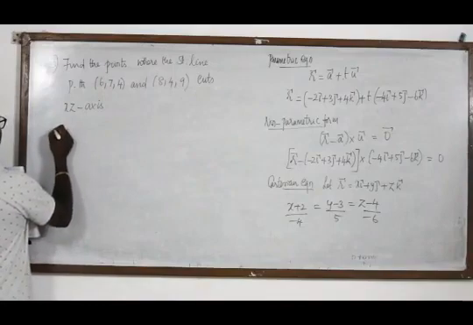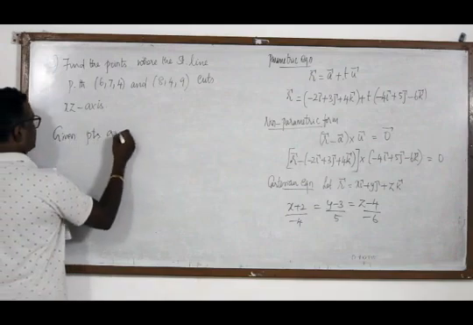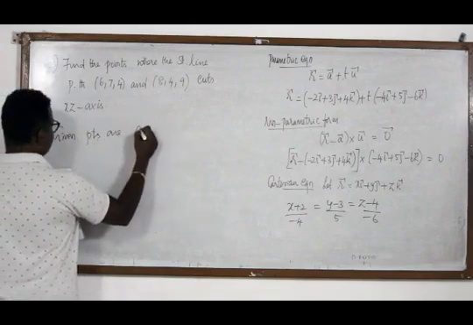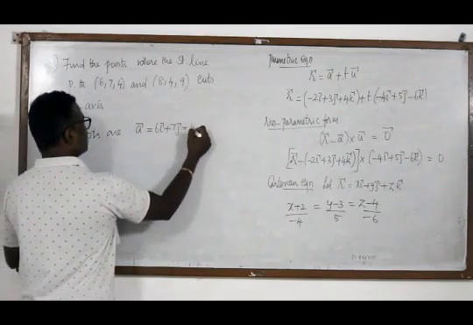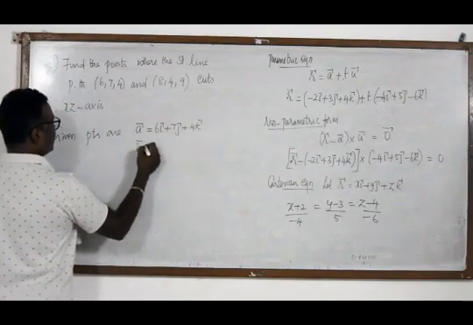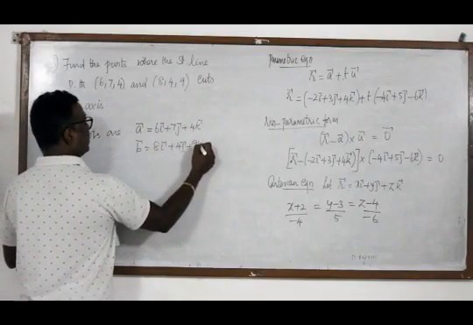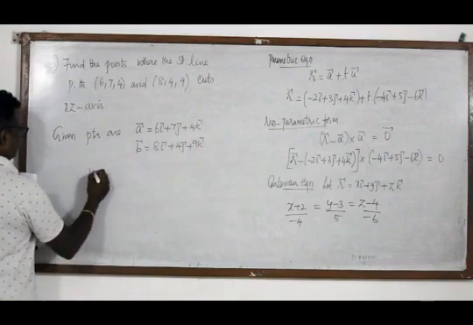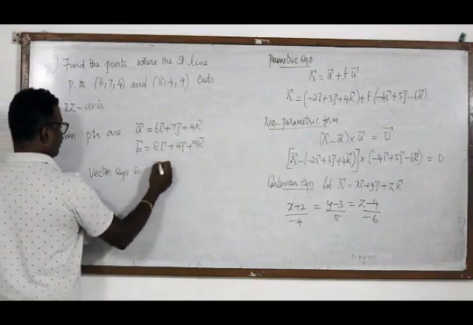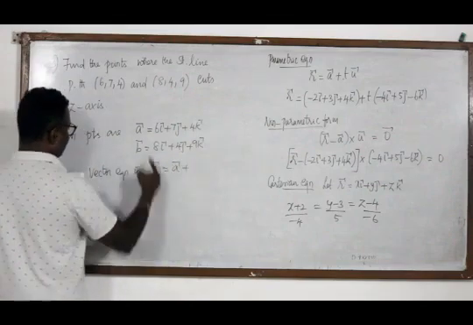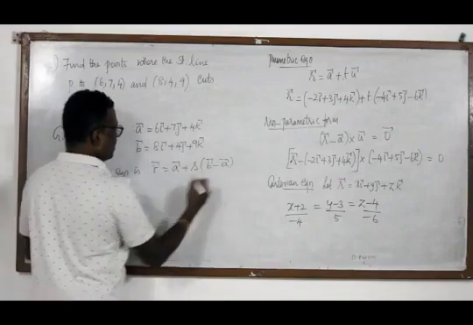So, the given points are A vector equal to 6i plus 7j plus 4k and B vector equal to 8i plus 4j plus 9k. Therefore, the vector equation is R vector equal to A vector plus, when 2 points are given, S into (B minus A).